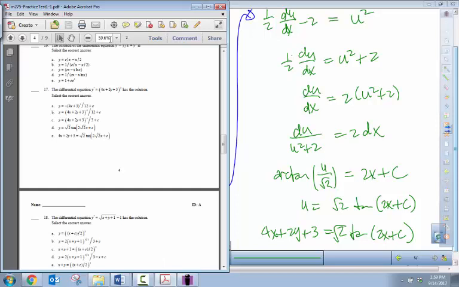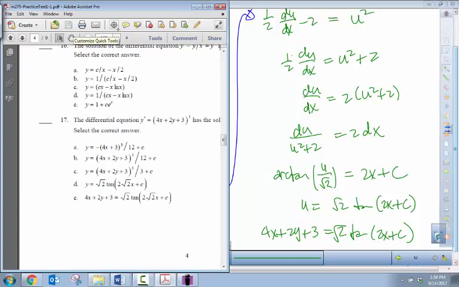Oh, shrunk. Something with, hey, look, the last one, except they have 2 root 2. What happened? Yeah, because we make a u substitution with u.